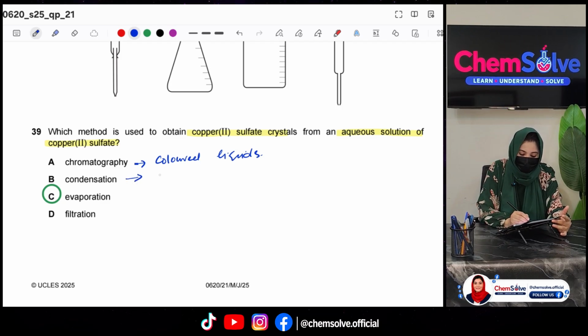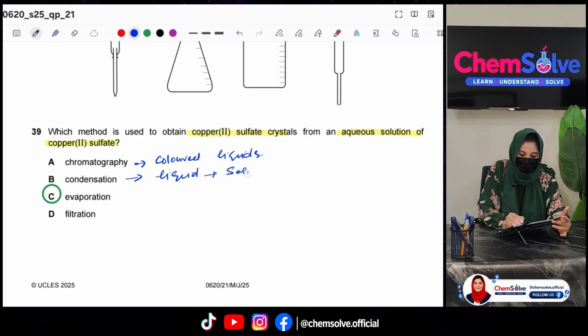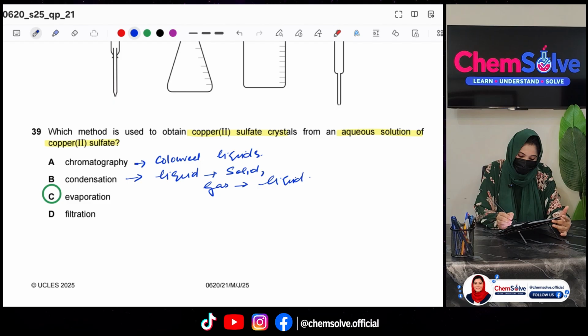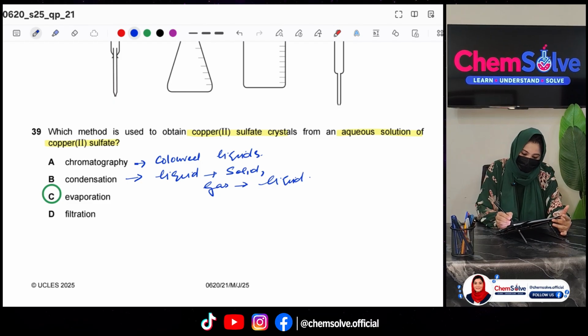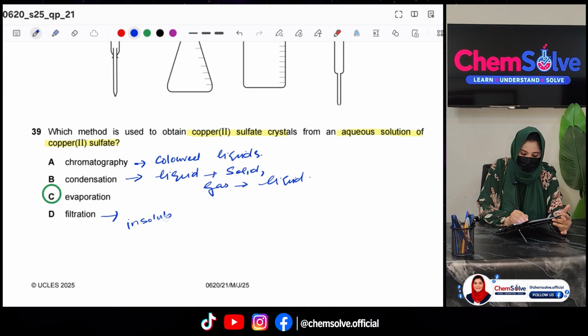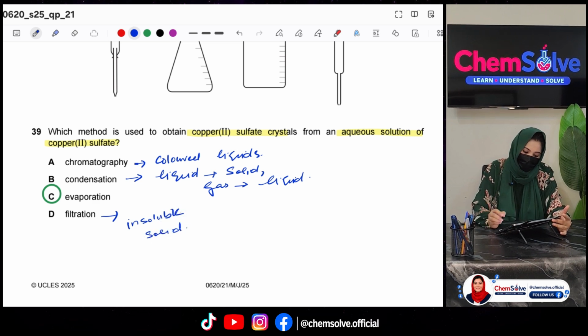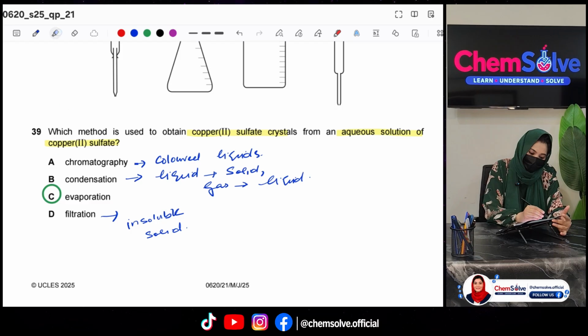Condensation is converting liquid into solid, or gas into liquid, and filtration is to separate an insoluble solid. So these are not the correct options.